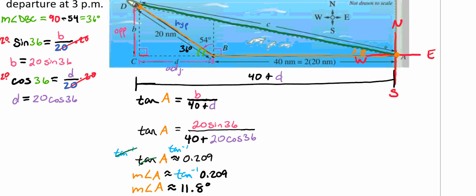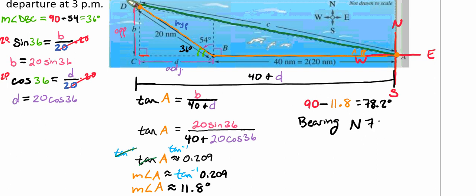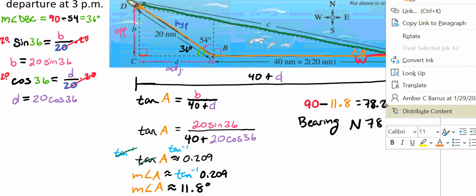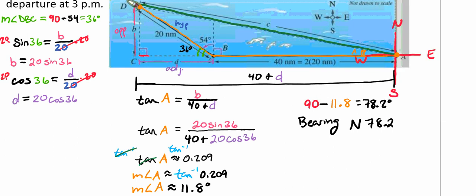So we see that we're going to go from the 90 degrees of the north, and we're going to take away that 11.8 degrees, our angle A, and that's going to tell us that we are at 78.2 degrees. So we can say that our bearing is north 78.2 degrees west. And so that is our first answer.